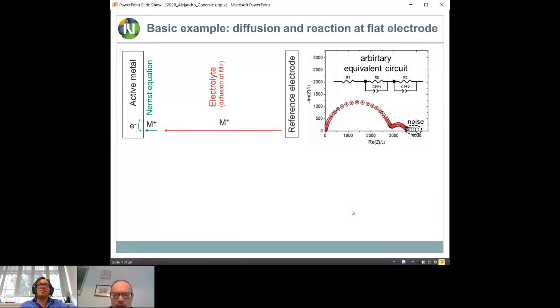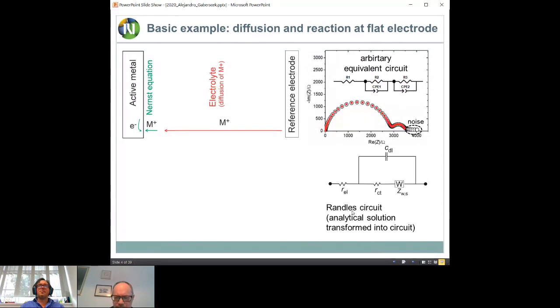And then the arbitrary equivalent circuit level is something like this. You have some resistors, some CPE elements, if you wish, or capacitors, and then you can fit this. The other approach, the analytical solution, has as a typical example the Randles circuit, very well known.